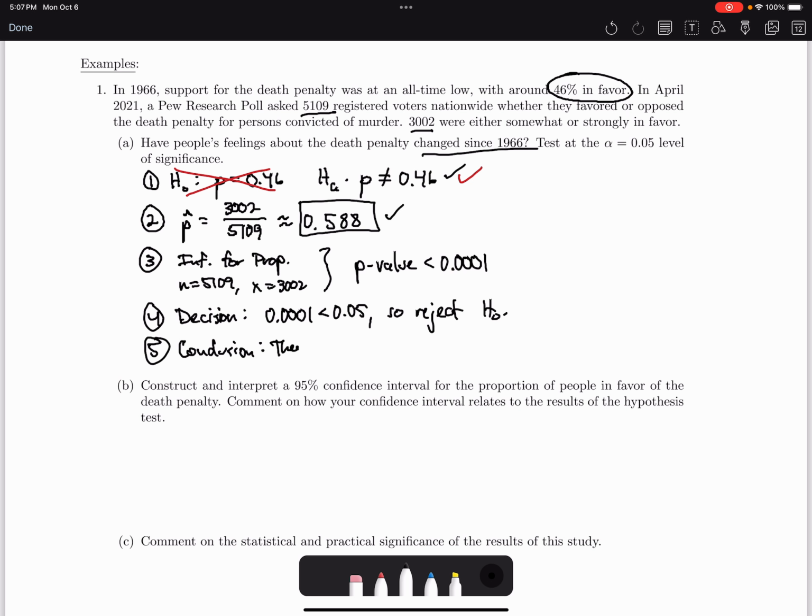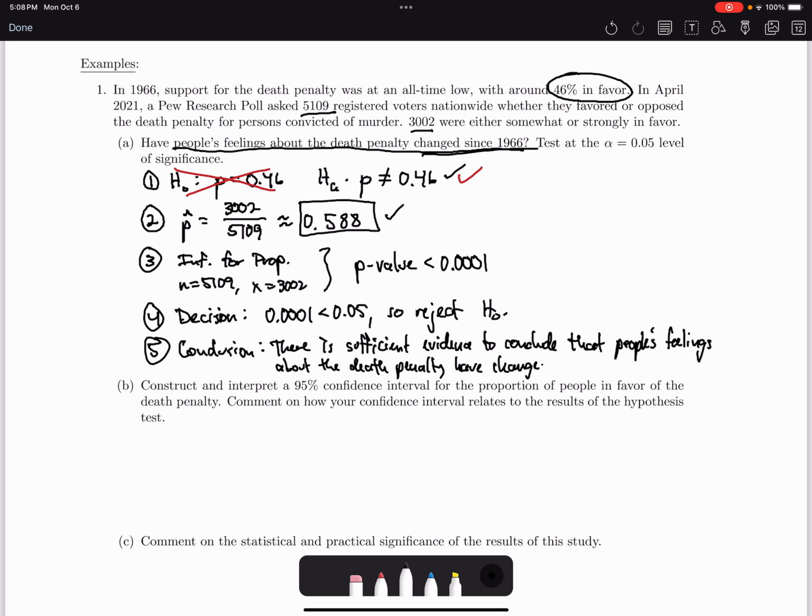There is sufficient evidence to conclude that people's feelings about the death penalty have changed since 1966. Okay, so there's our hypothesis test.